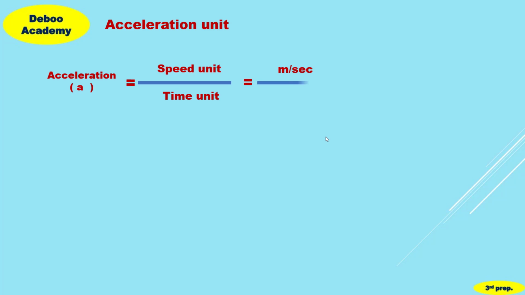Acceleration unit: acceleration A equals speed unit over time unit. The speed unit is meter per second and the unit of time is second. So the acceleration unit is meter per second squared.